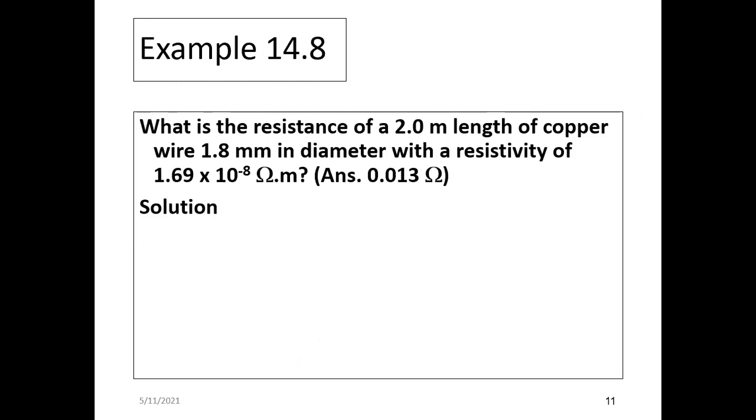Remember to change to SI units. The answer is 0.013. You should be able to get that.